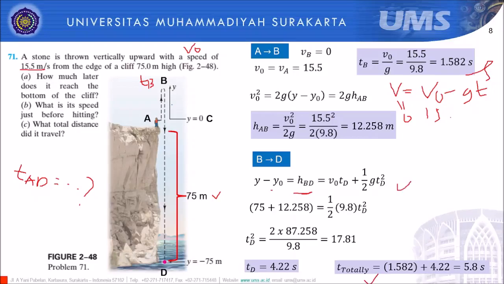What's the total height from B to D? So you need to calculate first what's the h_AB. So h_AB equals V0 squared over 2g. This is the height. And then for the total height you need to add 12.25 to this one, 75.